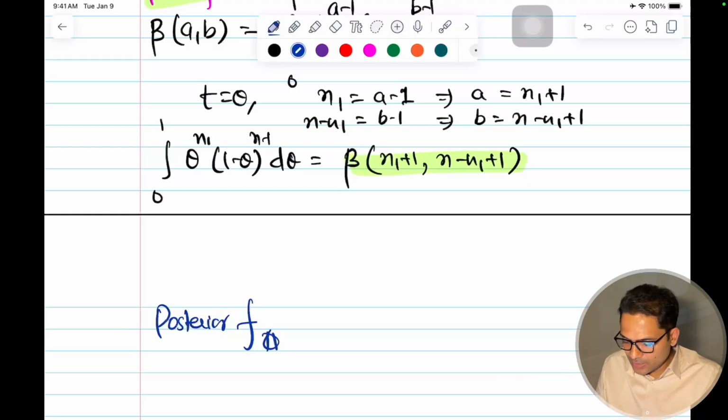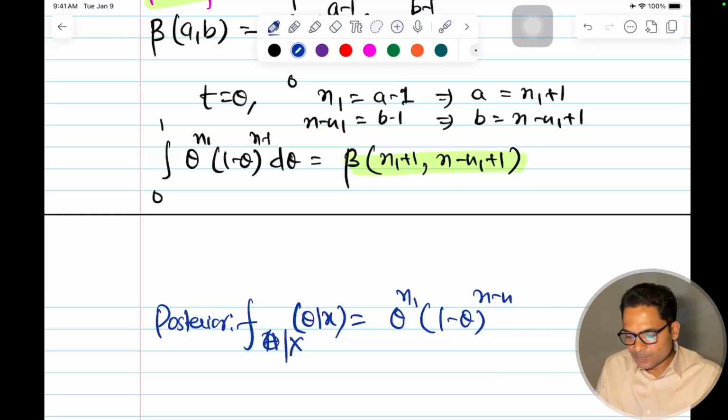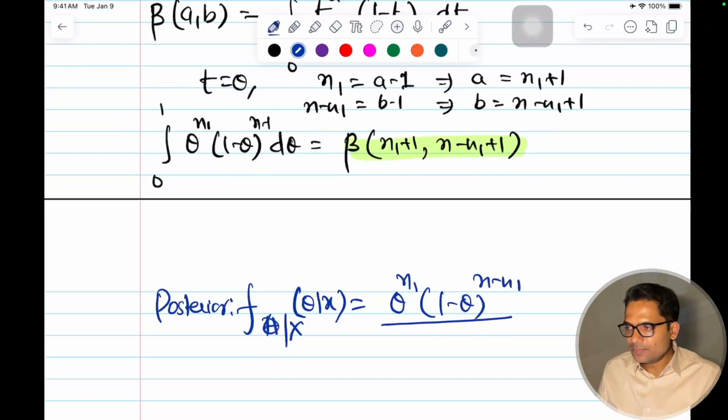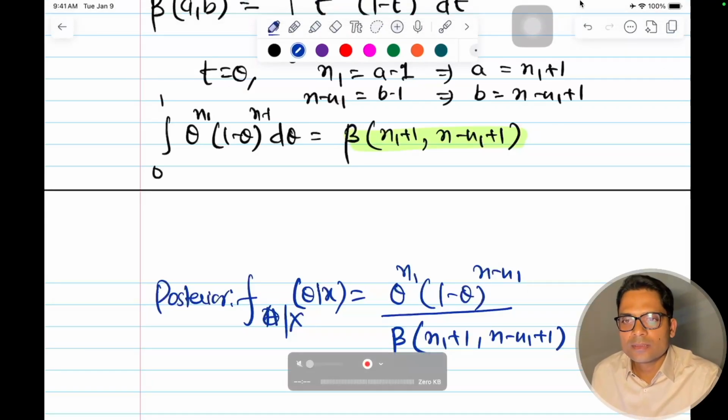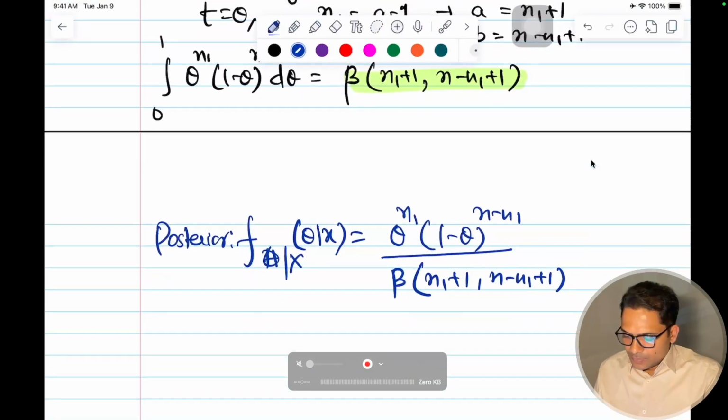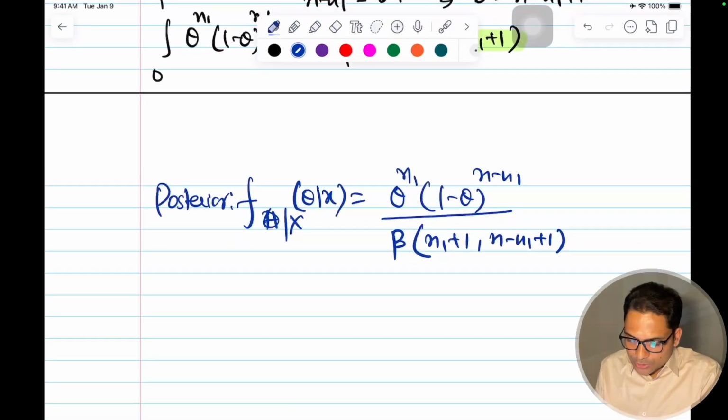F of theta given x is equal to, the numerator remains as it is, divided by beta of n1 plus 1, comma, n minus n1 plus 1. So this is my final posterior. We'll use this formula, so let's save it.